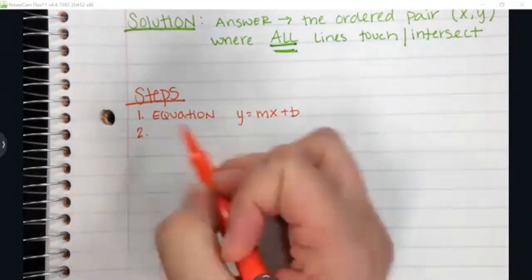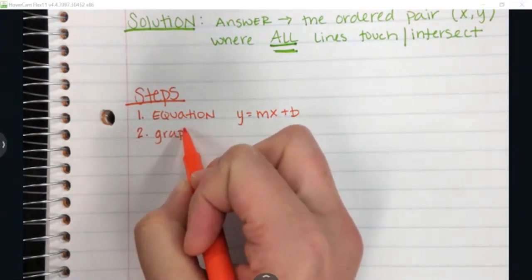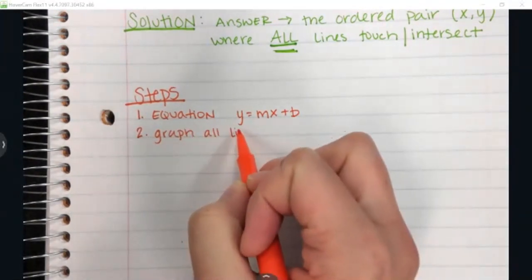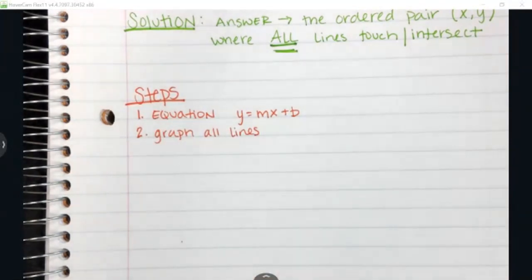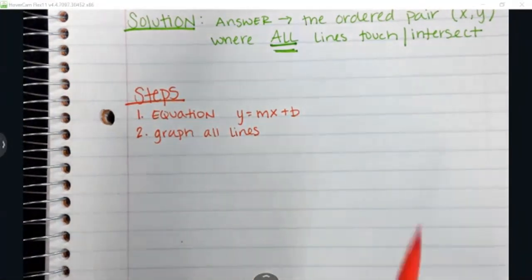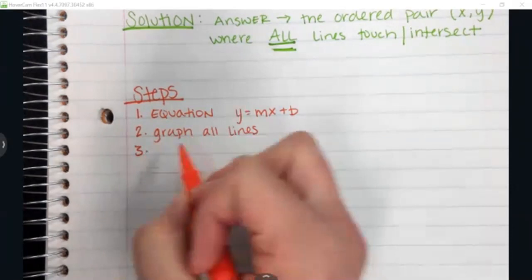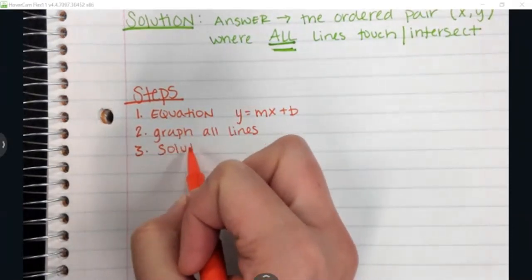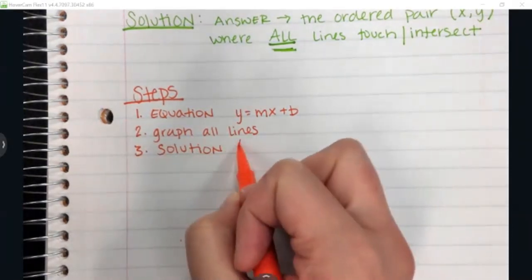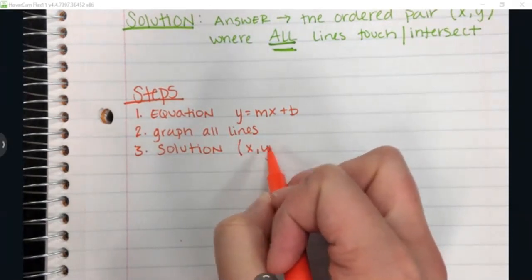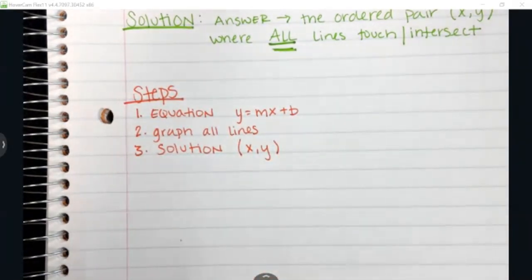Number 2, you have to graph all the lines. All the lines that are given, you have to graph. So if you have 5 lines, you have to graph 5 lines. If you have 3 lines, graph all 3 lines, okay? Number 3 is you state the solution, and your solution must be a point, x comma y.